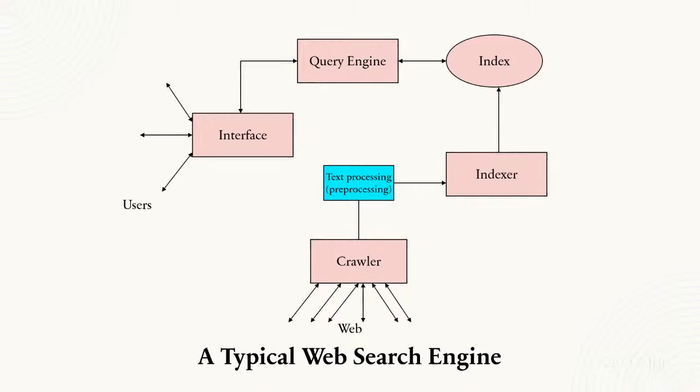Then it is going to search inside the web and throw out the links for the user. This is what happens in normal Google. For example, if I give gold rate, it is going to search the web everywhere and give me many links based on this gold rate. That is how the overall search engine works.